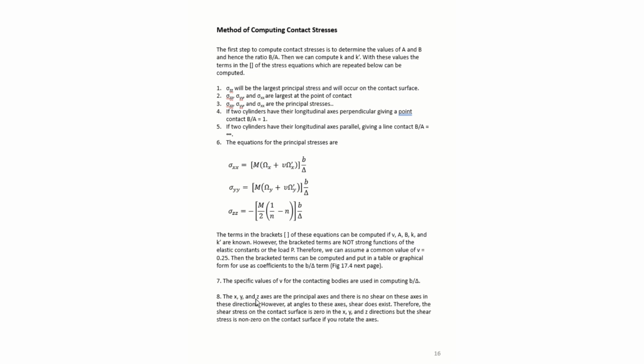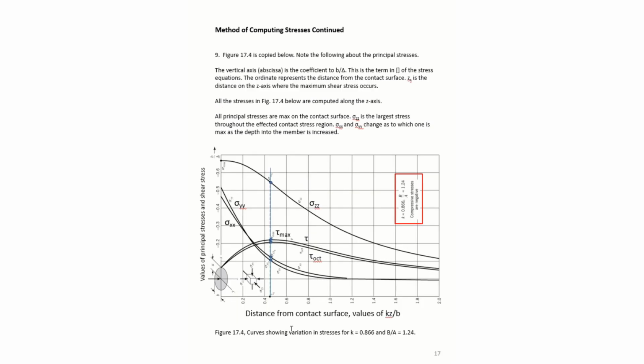The X, Y, and Z axes are the principal axes, and there's no shear in these directions. However, at angles to these axes, there is shear. So the shear stress on the contact surface is 0 in the X, Y, Z directions, but there's shear stress in other directions if we rotate the axes. And then we'll use this figure 17.4 to learn about the principal stresses.